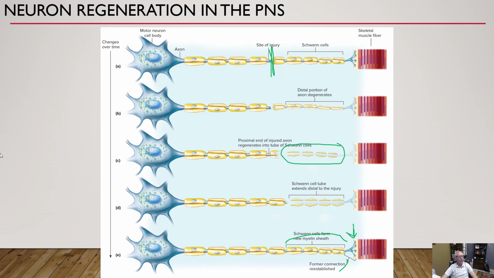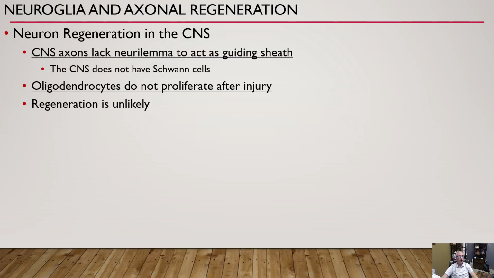All right, so central nervous system nerve regeneration. Highly unlikely, because the central nervous system doesn't have that neurolemma to act as the guiding sheath. Remember, in the peripheral nervous system, myelin is produced by Schwann cells.